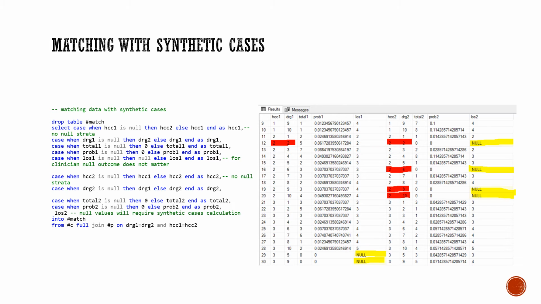You can see that the total cases remain zero, the probability is 0, and the outcome is null. And same goes for the clinician. Before we handle synthetic cases, it is important to note that not all missing cases need to be replaced with synthetic outcomes.